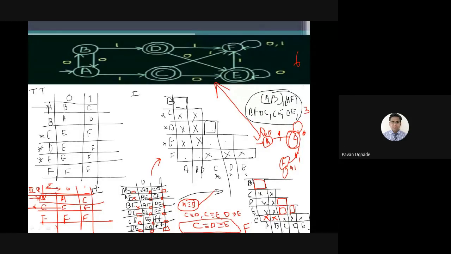So this complete automata is reduced to 50%, but the strings which were accepted by the given automata should be accepted by this minimized automata, and the strings which were rejected by the given automata should be rejected by the minimized automata. That should be the same. It should not affect the effectiveness of the automata.